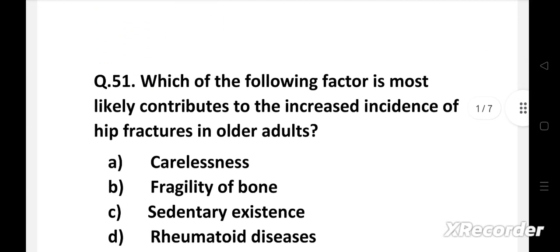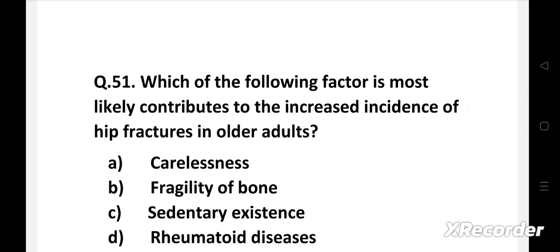Question number 51. Which of the following factors most likely contributes to the increased incidence of hip fractures in older adults? Option A, carelessness. B, fragility of bone. C, sedentary existence. D, rheumatoid diseases.